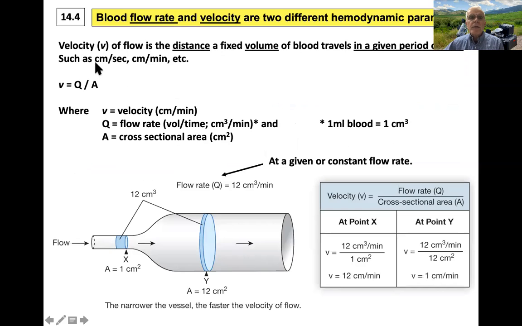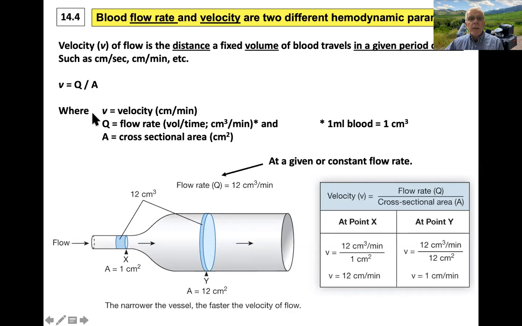So centimeters per second, centimeters per minute, any of those arbitrary units, I could utilize. Velocity can be equated to flow over cross-sectional area of the tubular system. It's a pretty simple relationship, really.